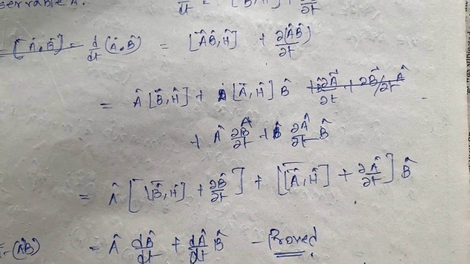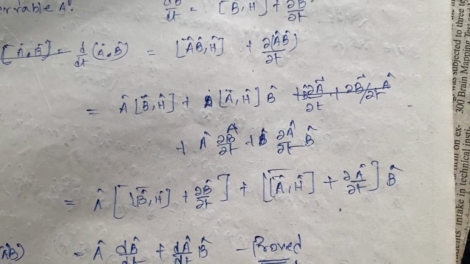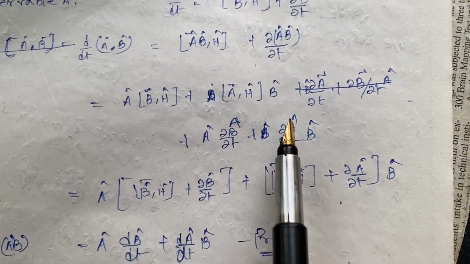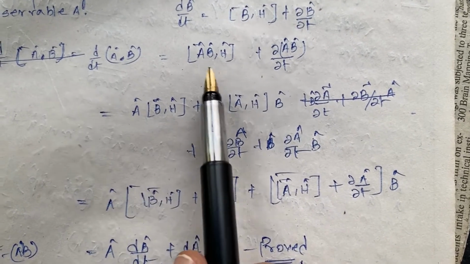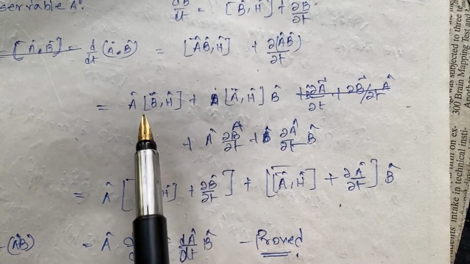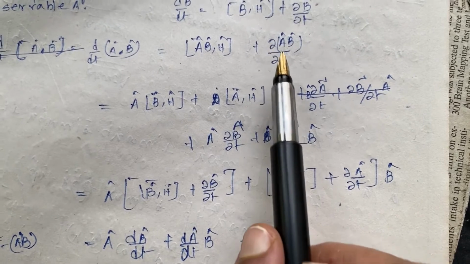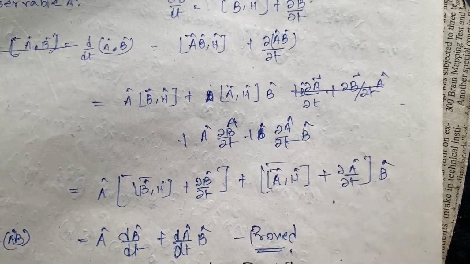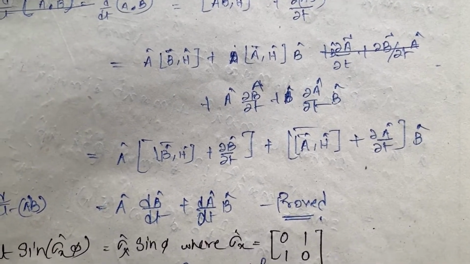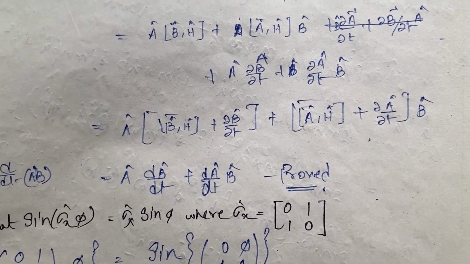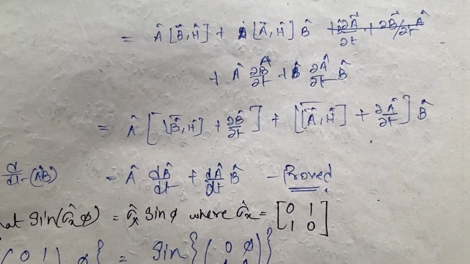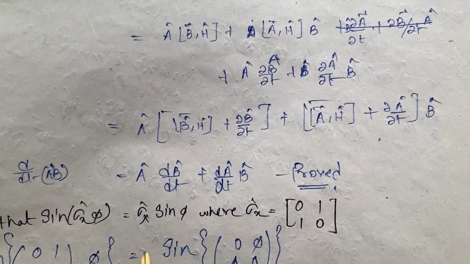So here we are just using the normal commutation relation rules. From this term we can write these two terms, and from this term we can write these two terms. I'm sorry, this looks a little bit clumsy and dirty, but it's quite obvious and simple, so we can derive it also on our own.